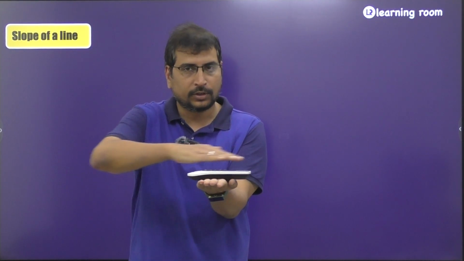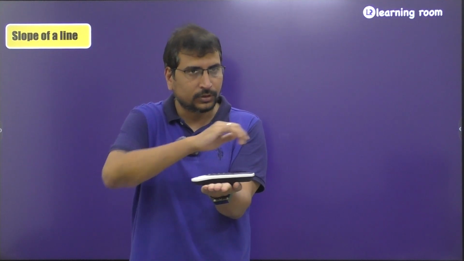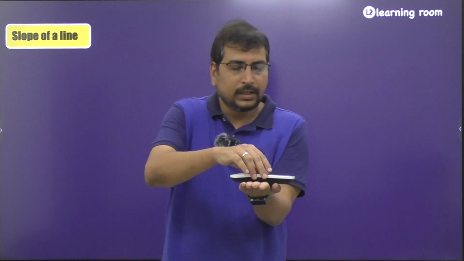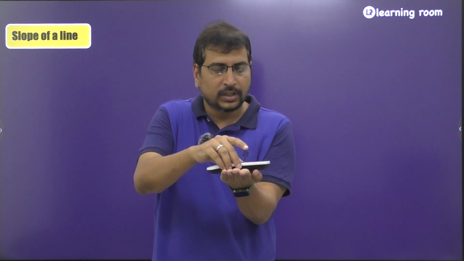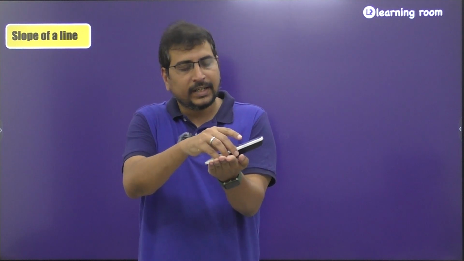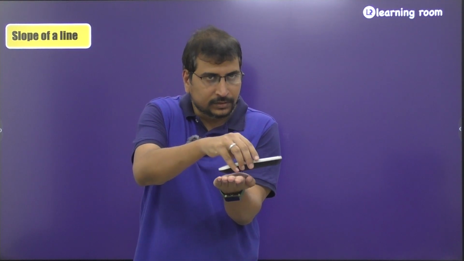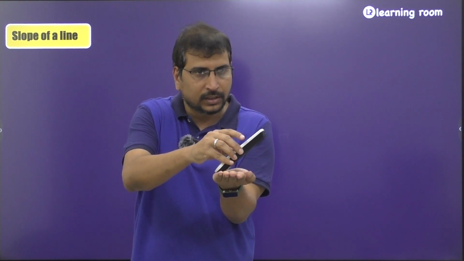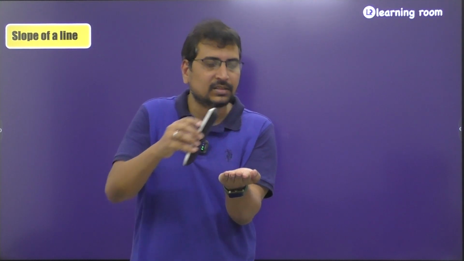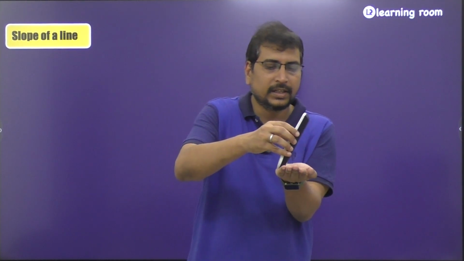Is it not exactly horizontal? So if I take the same remote and incline it with respect to my hand, can you say that this remote is making some angle with respect to my hand? You're able to see an angle here, right?